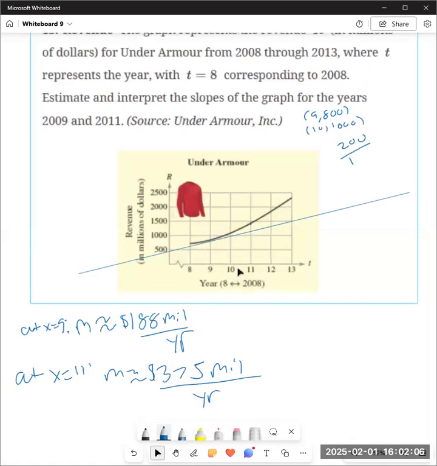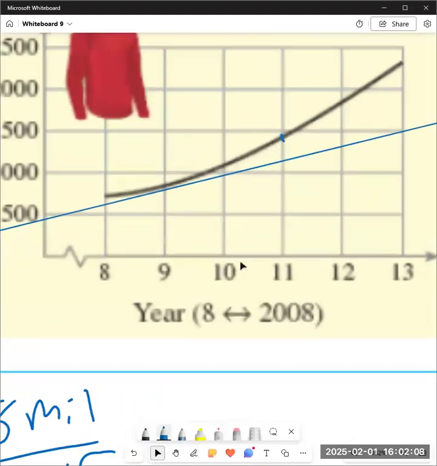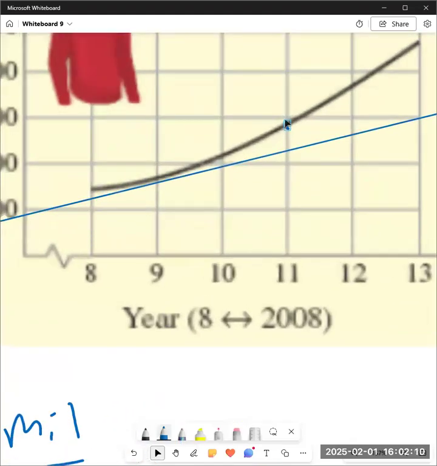So we can zoom in here and see that we went up this much, and then 1 year, this difference here is about this rise right here.